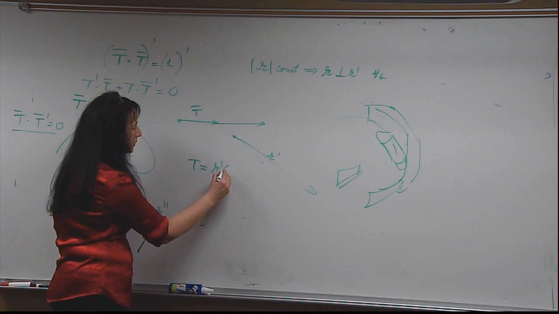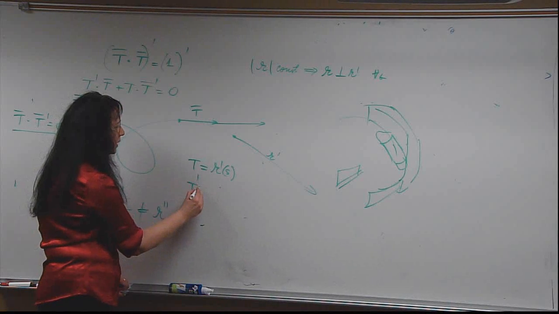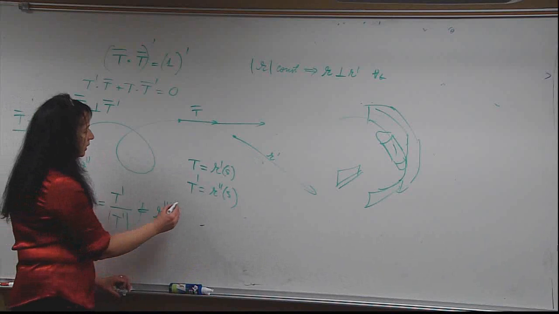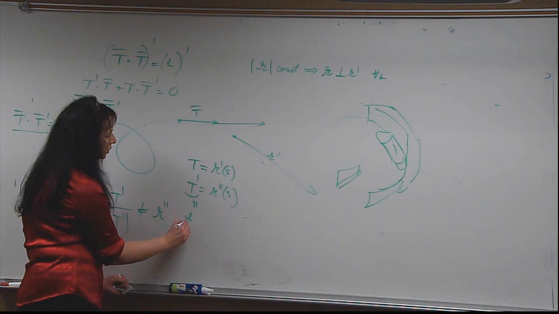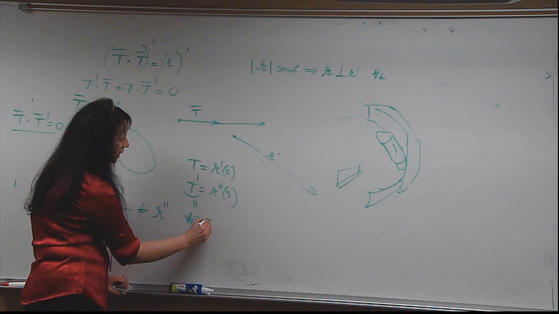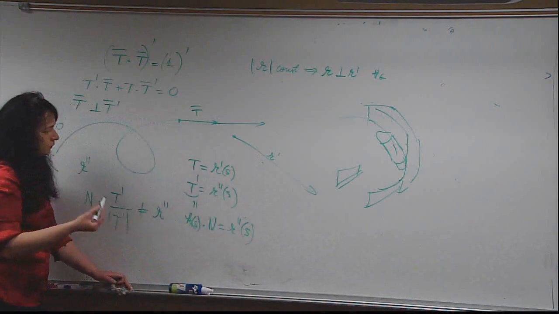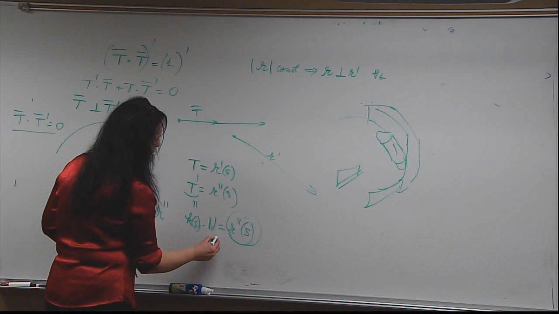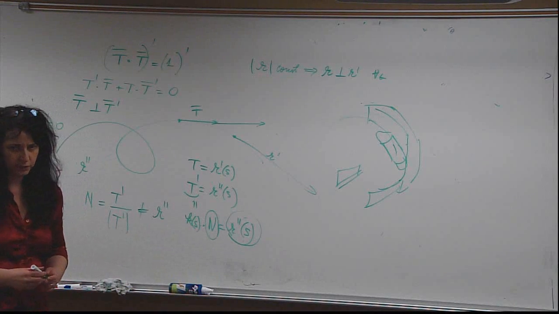In arc length, T is R prime of S. And in arc length, that means T prime is R double prime of S. And in arc length, I just told you, T prime by the first Frenet formula is curvature times N. So the acceleration practically and the N will be the same in arc length up to a scalar multiplication.